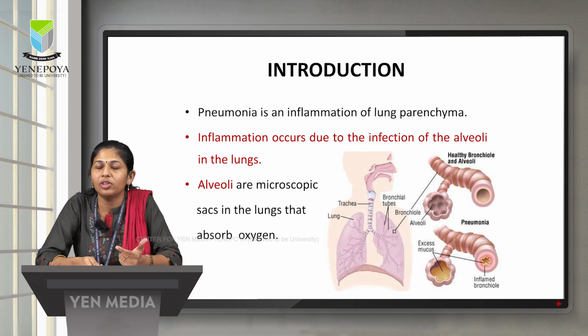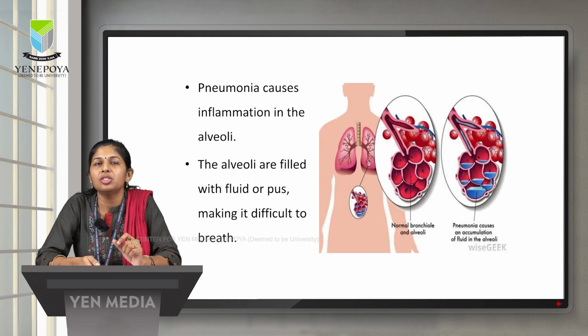In pneumonia, there is inflammation or infection in the alveoli. As a result, the alveoli are filled with fluid or pus, making it difficult to breathe. So, as a result of pneumonia, the patient may get breathing difficulty or dyspnea.